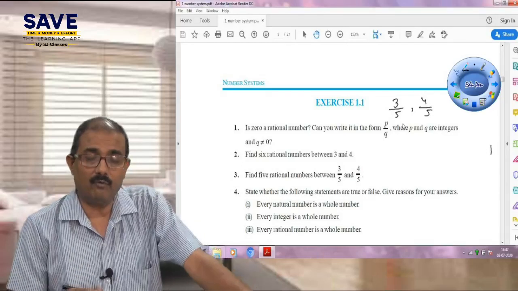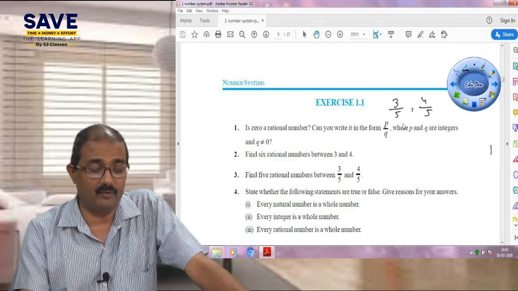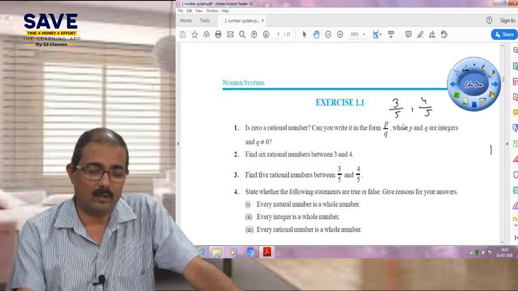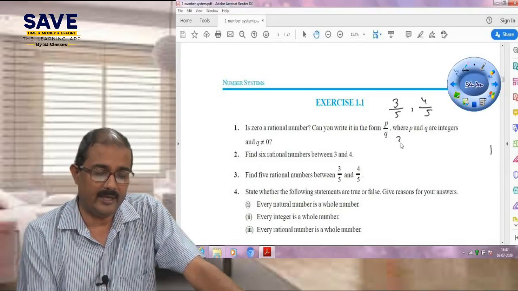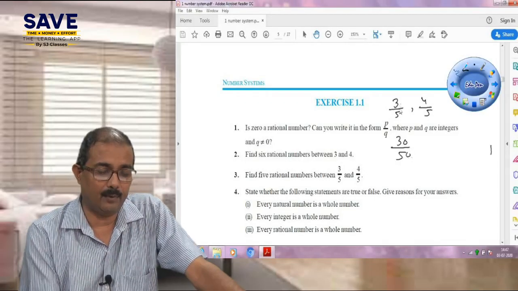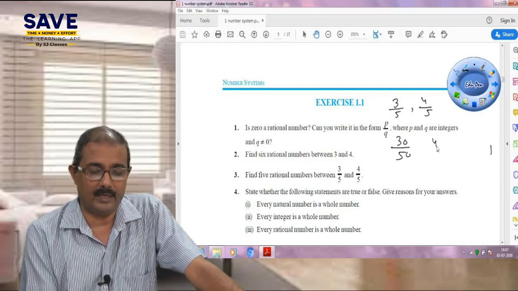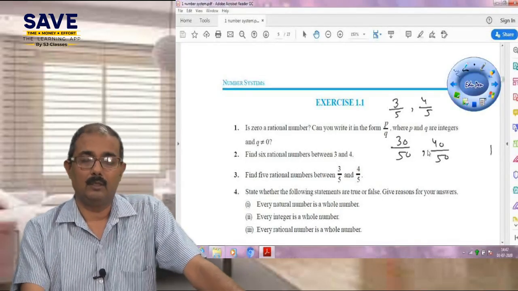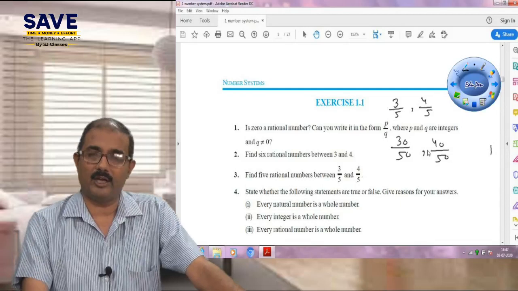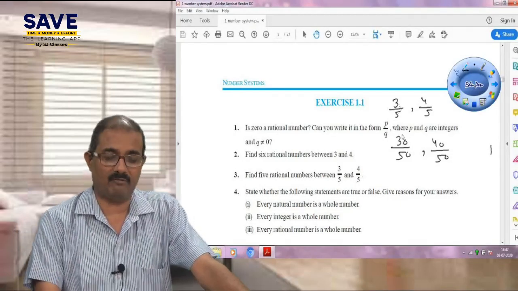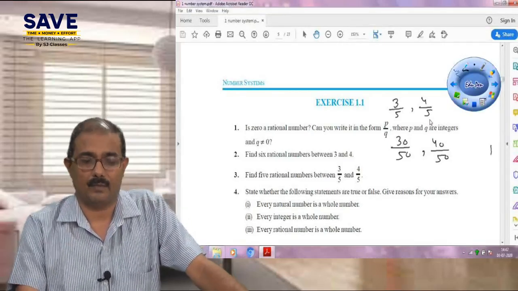But when you have to find a large number of rational numbers between the two given rational numbers, try to multiply numerator and denominator by 10. So it will be 30 upon 50 and 40 upon 50. These two rational numbers remain the same as 3 upon 5 and 4 upon 5.